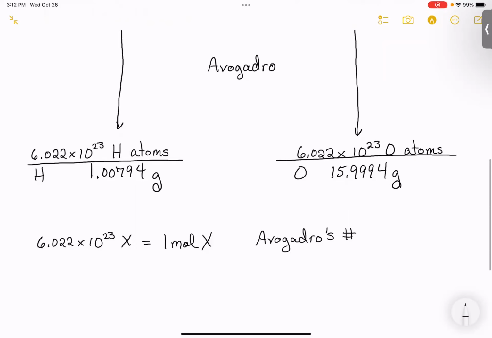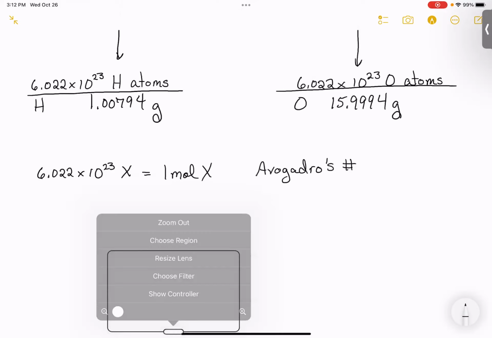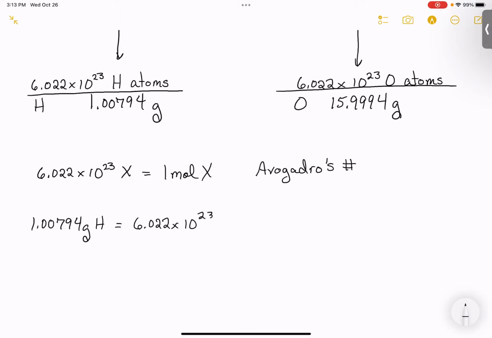So from his work, we know that 1.00794 grams of hydrogen is equal to 6.022 times 10 to the 23rd hydrogen atoms.